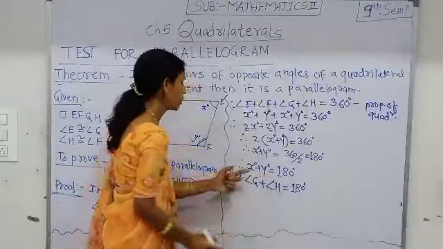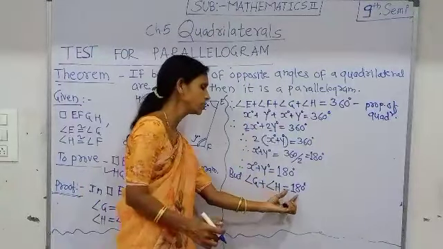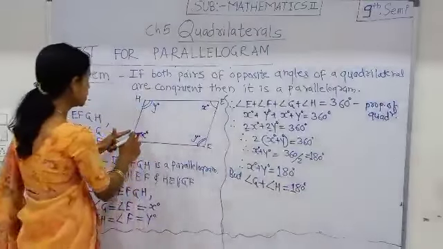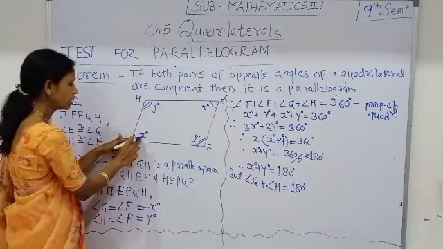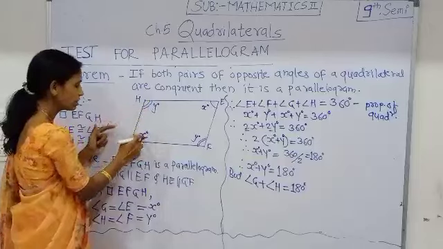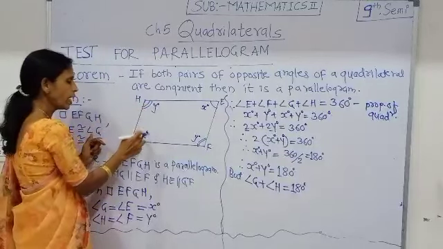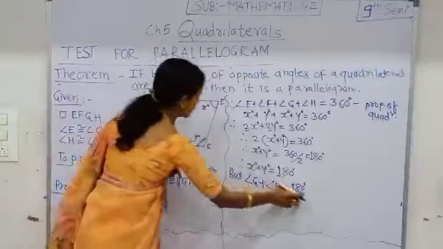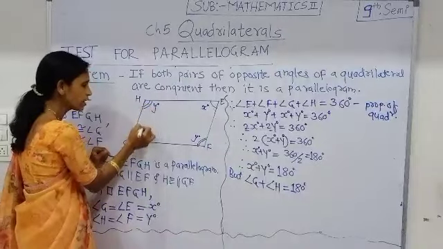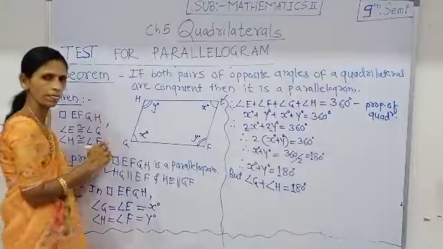By this formula we can write angle G plus angle H is equal to 180 degrees. That means the sum of these two angles is 180 degrees, so those two angles are supplementary.